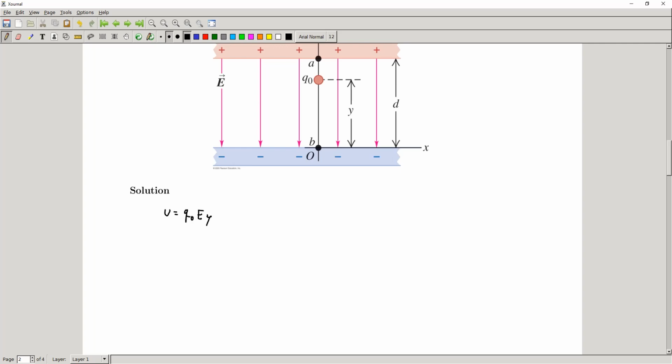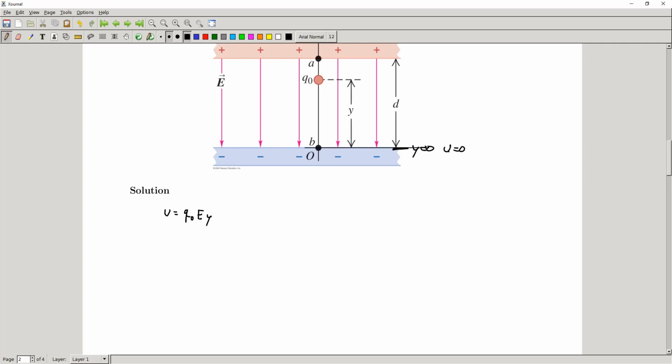This is the magnitude of our test charge, this is the magnitude of our electric field, and this is just this distance y. Now we're going to set a zero potential. We're going to call this bottom plate at y equals 0 our U equals 0. So there's no potential at that point, and as we go up away from that point, we're picking up some potential.